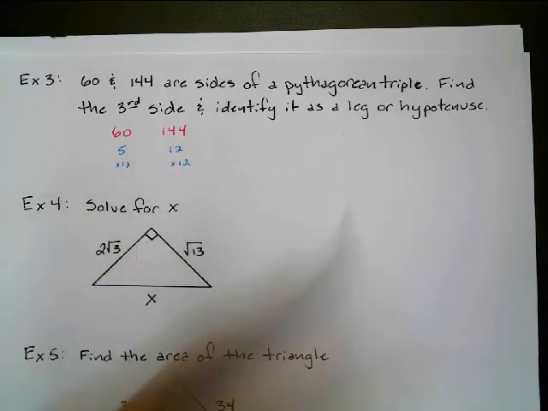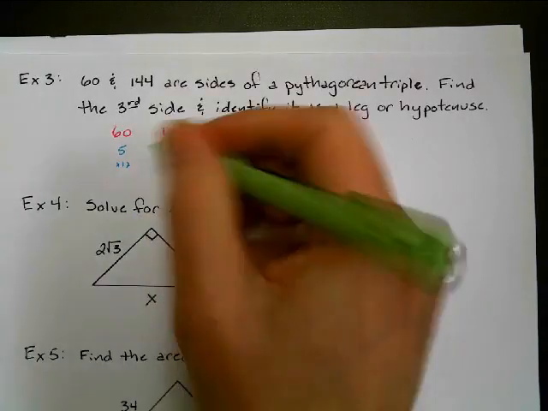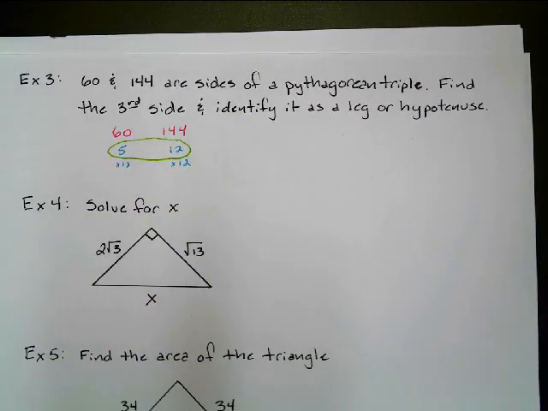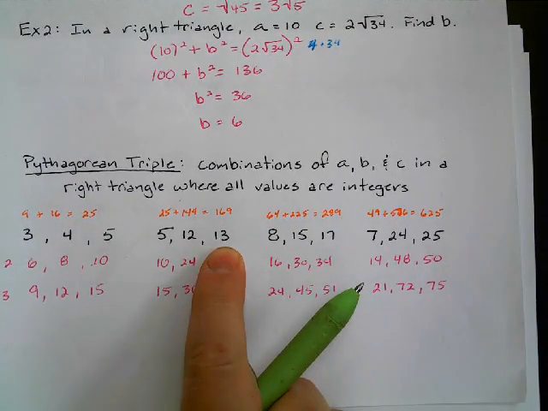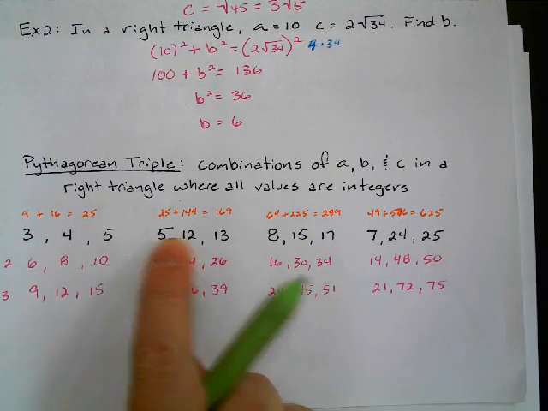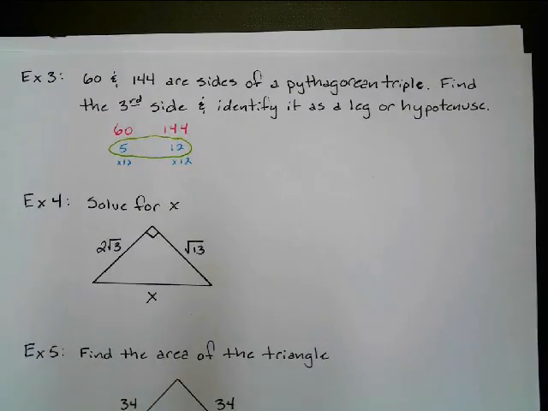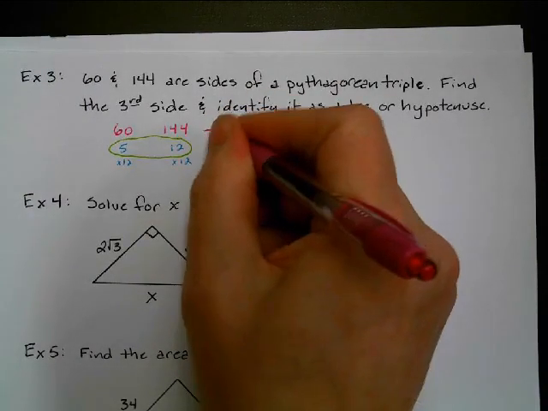Now it looks like one of my patterns. 5 and 12, there is a pattern for 5 and 12. It would be a 5, 12, 13 triangle. So I've got 5 and 12, so 13. So what this is suggesting to me is that the other number, I got 60, 144.